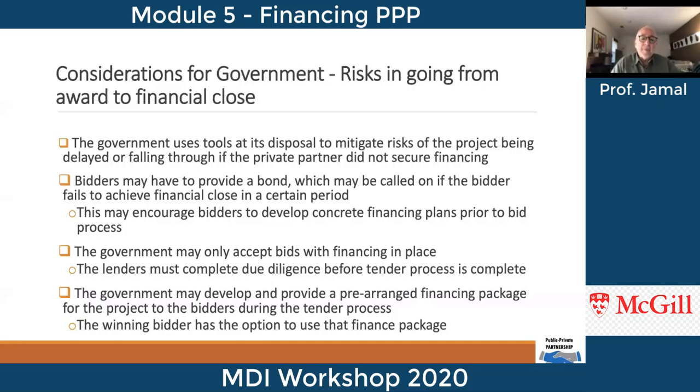The government may develop and provide a pre-arranged financing package for the project to the bidders during the tender process, where the winning bidder has the option to use that financing package or not. I've seen that. The government will say, this is a financing package: I was able to get a loan from the World Bank to finance some of the debt for ancillary aspects of this project at a very good rate. I was also able to receive a guarantee from a bilateral donor.